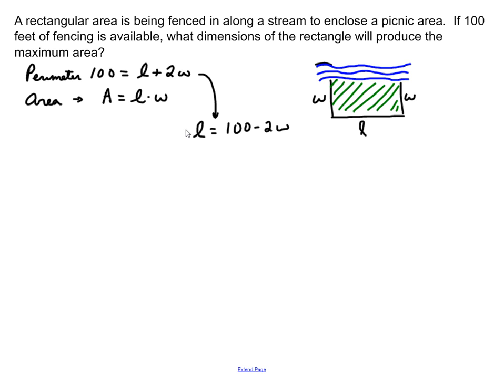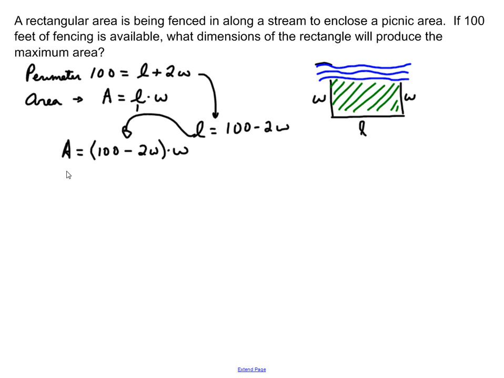And we're going to make this substitution into our area formula. The area is equal to the length, L, times the width. We've just solved for L, so we're going to replace L with 100 minus 2 times W, times the width, W. Notice that all we're really doing is just replacing length in this formula here.